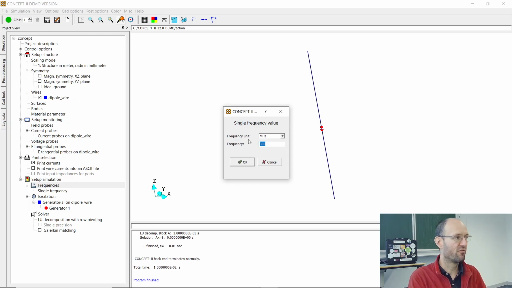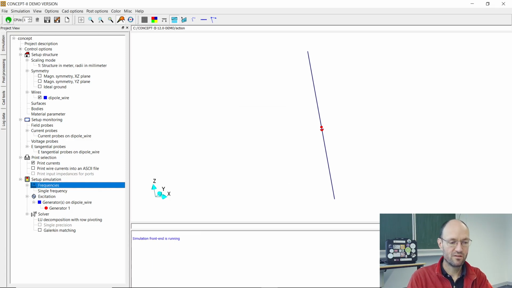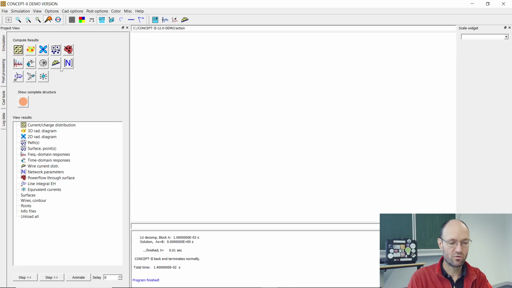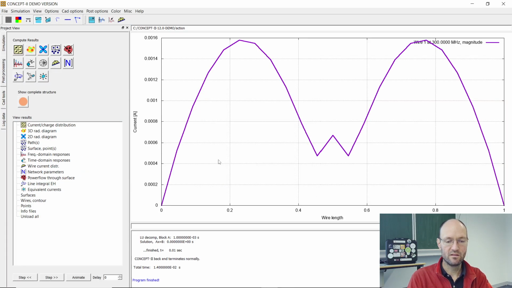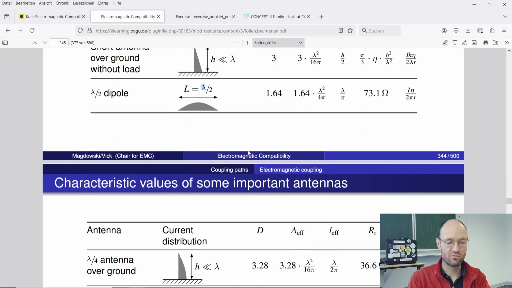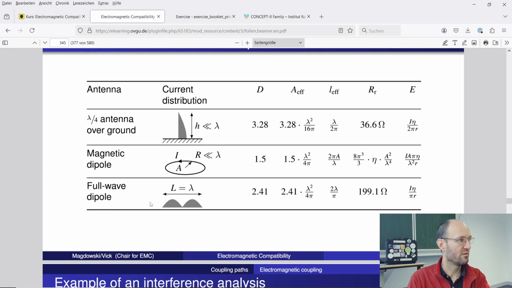So we have a full wave dipole, and we can set this, simulate, go to post-processing, look at this current distribution, and then it looks like this. And then it looks rather edgy once again, but this is also what we would expect for a full wave dipole, that the current in the center gets small once again, but that you have like half of the wavelengths on one side, half of the wavelengths on the other side.